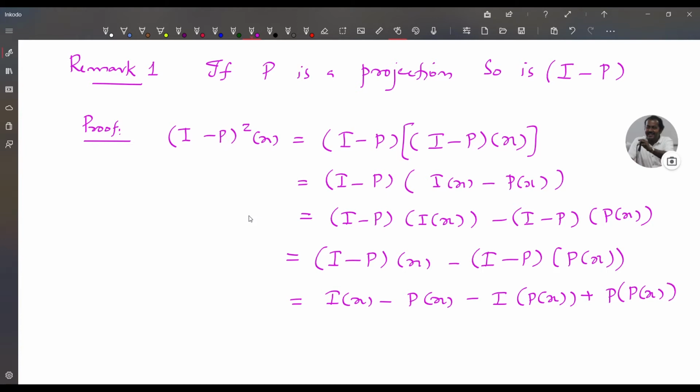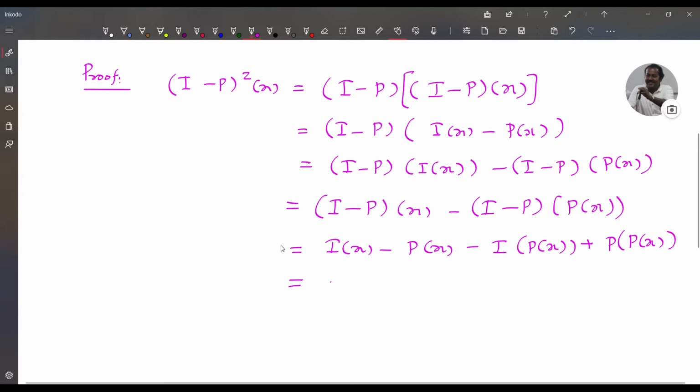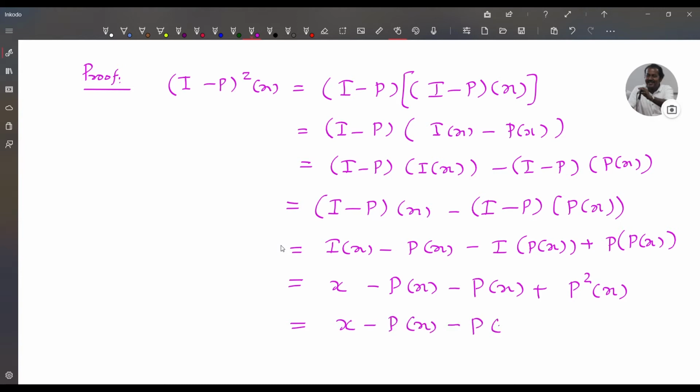So this is equal to X minus P of X minus I of P of X is P of X plus P square of X. We know that P is a projection, therefore this is equal to X minus P of X minus P of X plus P of X. P square is P, since P is a projection.